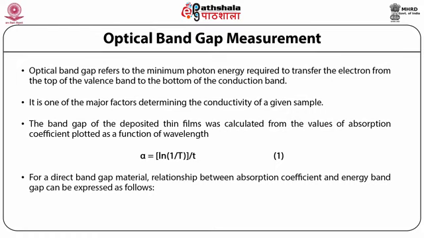For a direct band gap material, the relationship between absorption coefficient and energy band gap can be expressed as follows, that is (alpha h nu) equal to a constant multiplied by (h nu minus Eg) to the power half, where h nu is the incident photon energy and Eg is the direct optical band gap of the sample.